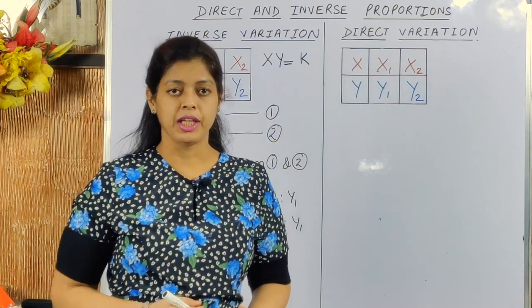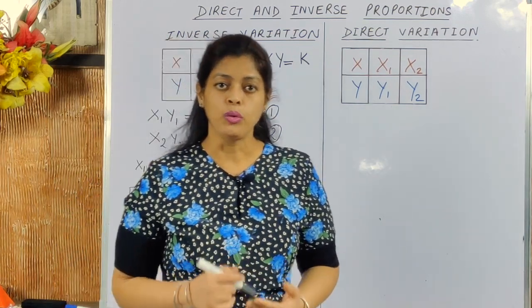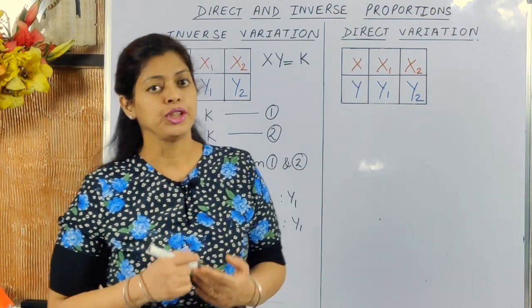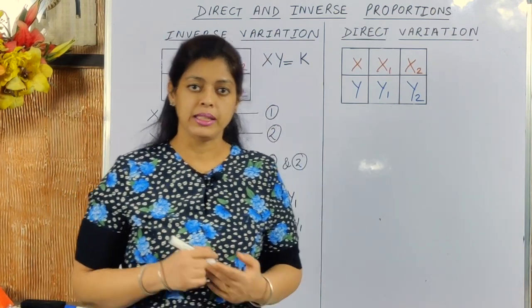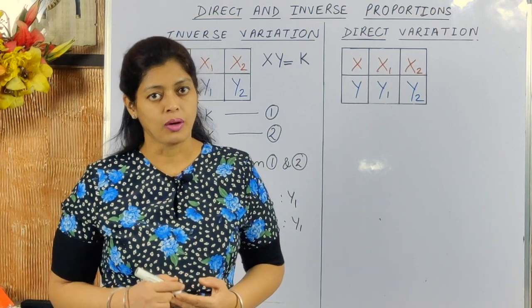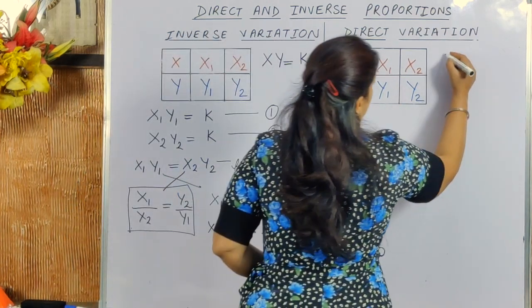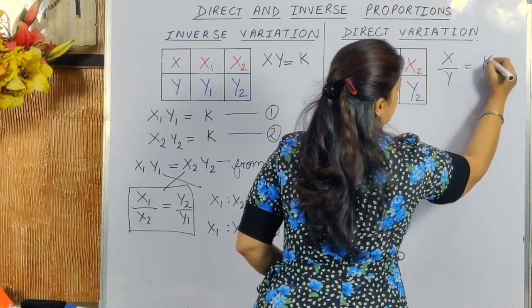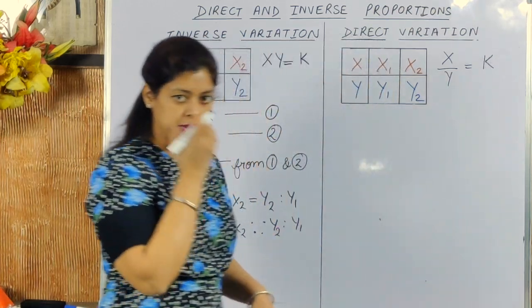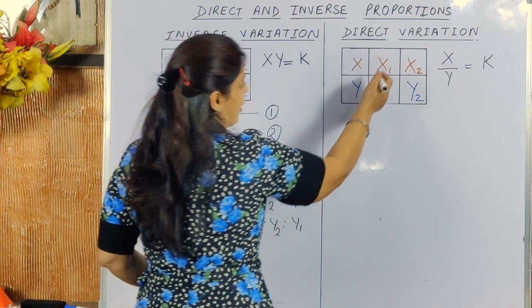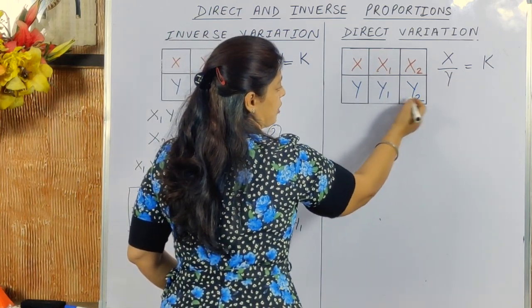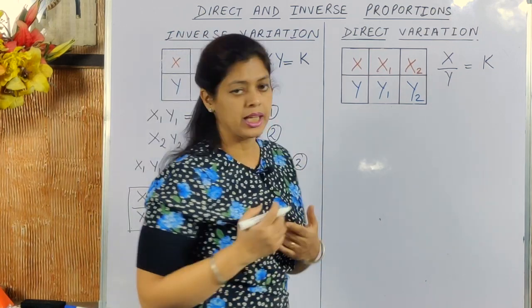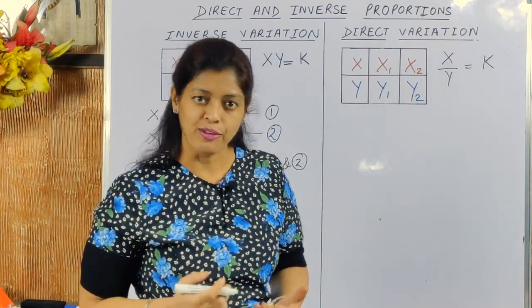In case of direct variation, I can say that when two quantities x and y vary directly with each other, the ratio of x upon y always remains the same, and that is equal to the constant of variation. So I can say that the ratio of x upon y is equal to, say, k, a constant which is positive. If I have now two sets of values, y1 and y2 are the corresponding values of y with respect to x1 and x2, which are the corresponding values of x.